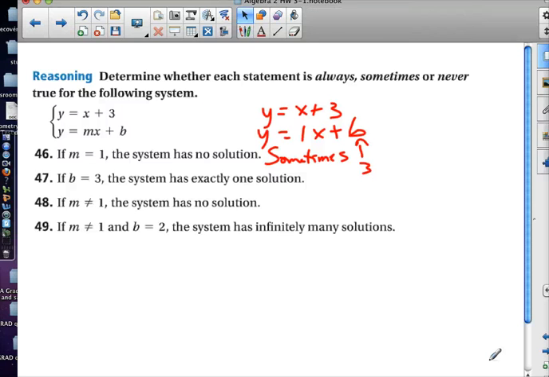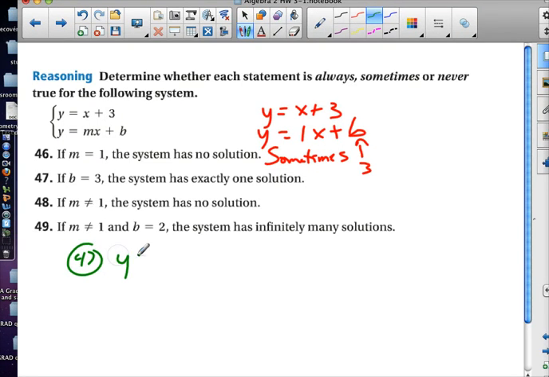47 says, now go back and look at the original. Here's y equals x plus 3. And what if b is 3? So it's y equals mx plus 3. It says if b equals 3, the system has exactly one solution. So if this is the case, we need to think through what's going to happen here.